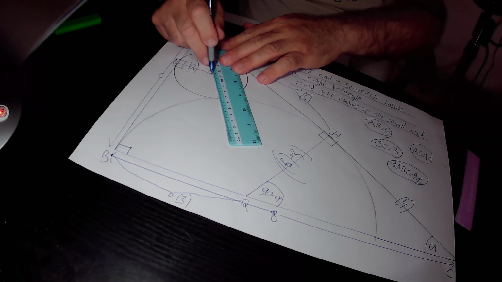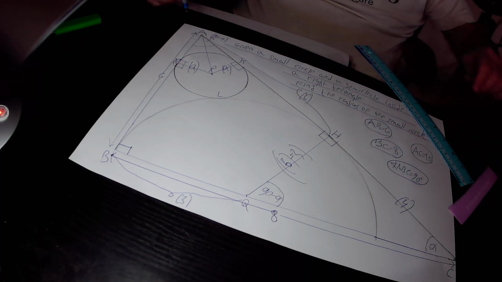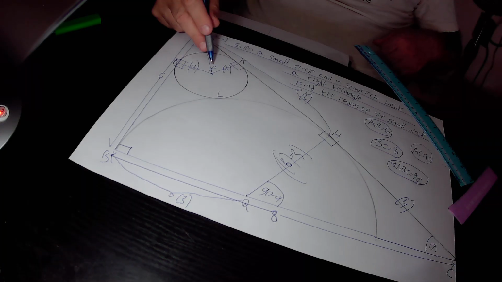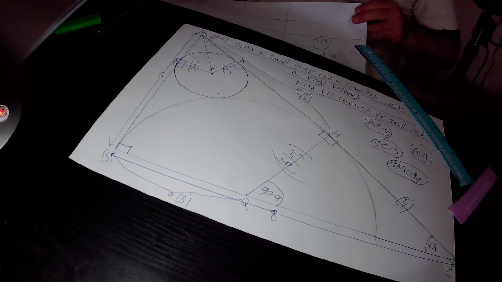So in conclusion, I found out that the angle bisector of this angle A must pass through point P. So I write it down.